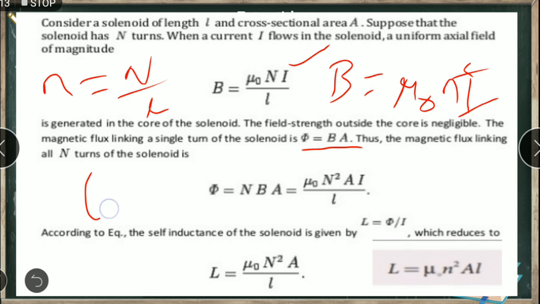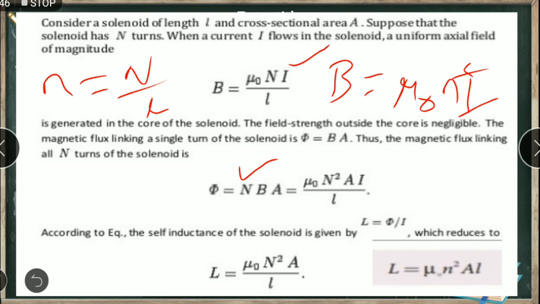If it is only one turn, simply BA. Since in the solenoid the magnetic flux links through N turns, the formula is phi equal to N into B into A.